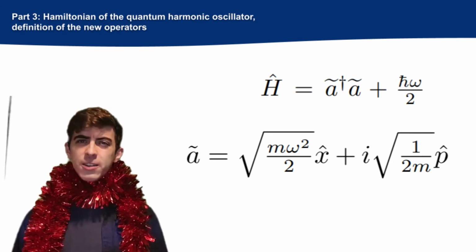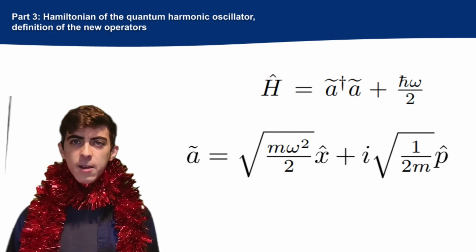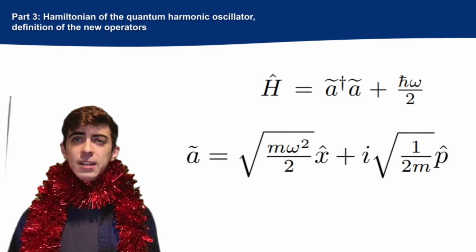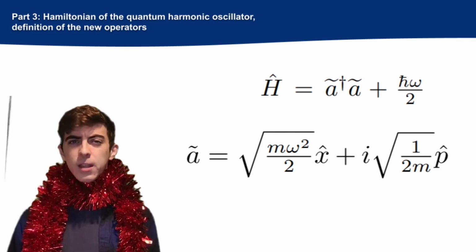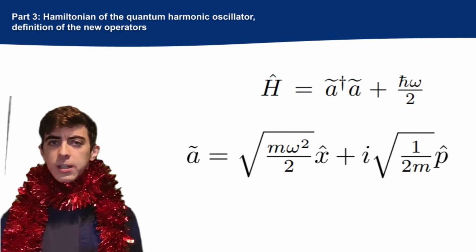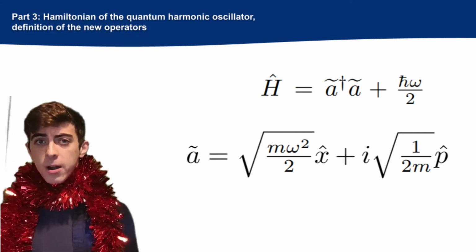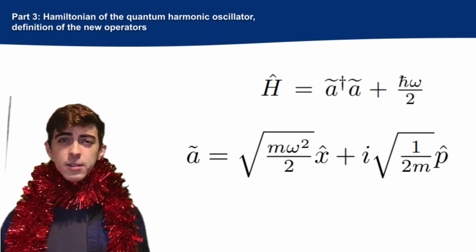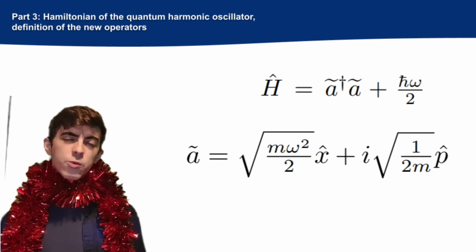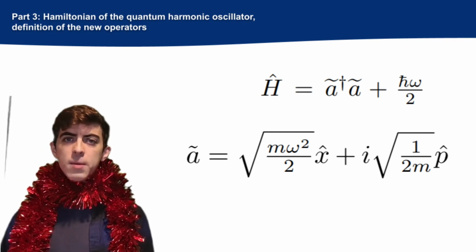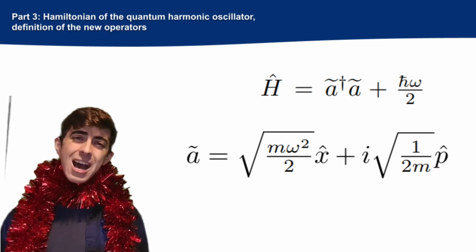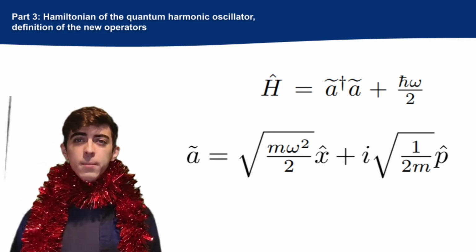Now, in order to factorize h bar times omega, we define another operator, which is a, and this operator doesn't have any units, in such a way that a tilde equals the square root of h bar times omega times this new a, and this will also be equal to the square root of m times omega squared over 2 times x plus i, the square root of 1 over 2m times p.